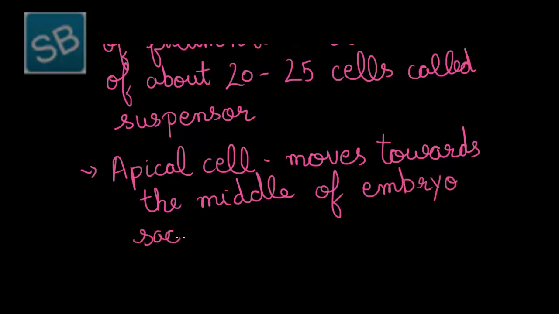Since the repeated division of the basal cell forms a large structure of about 20 to 25 cells, as a result of which the apical cell towards the micropylar end starts moving towards the middle of the embryo sac.